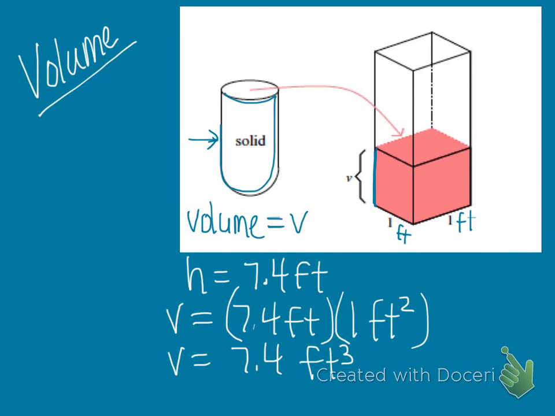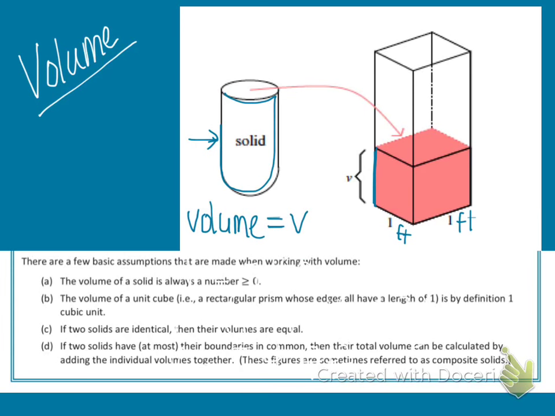So there are some things that we want to remember for volume. It's always going to be a positive number. It could be 0, but it's greater than or equal to 0. The volume of a unit cube, which is a rectangular prism with all sides with a length of 1.